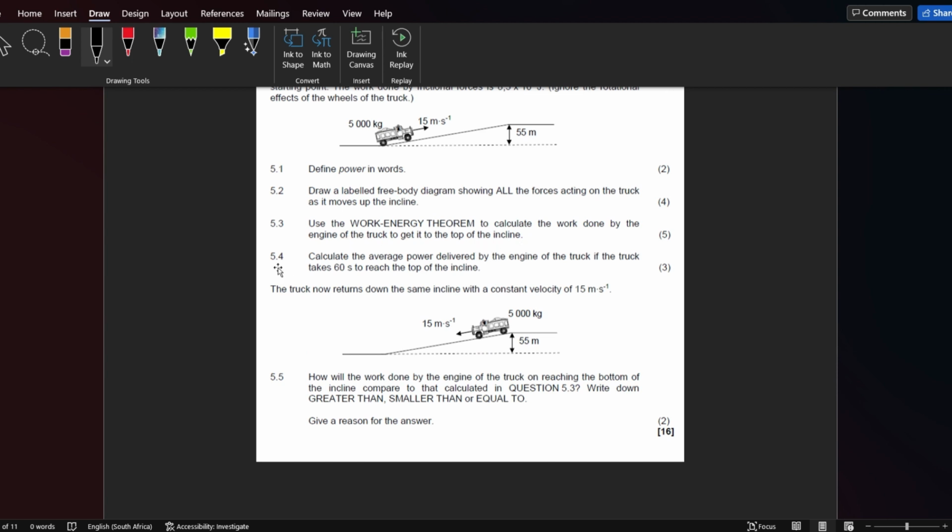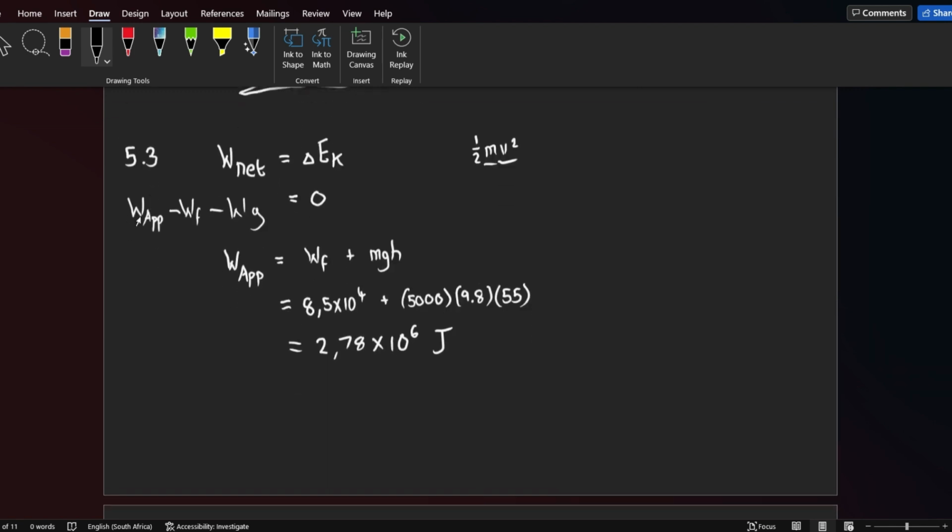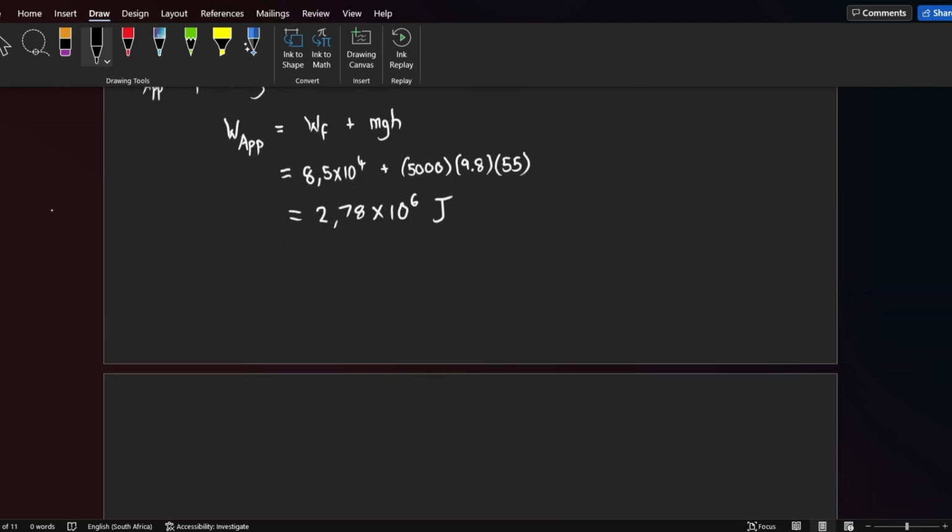Look at question 5.4. It asks us, calculate the average power delivered by the engine of the truck if the truck takes 60 seconds to reach the top of the incline. So they gave us a time value, and we've just defined power earlier as the rate at which work is done. Meaning we can write our formula for power. So power is the rate at which work is done, so work per unit time.